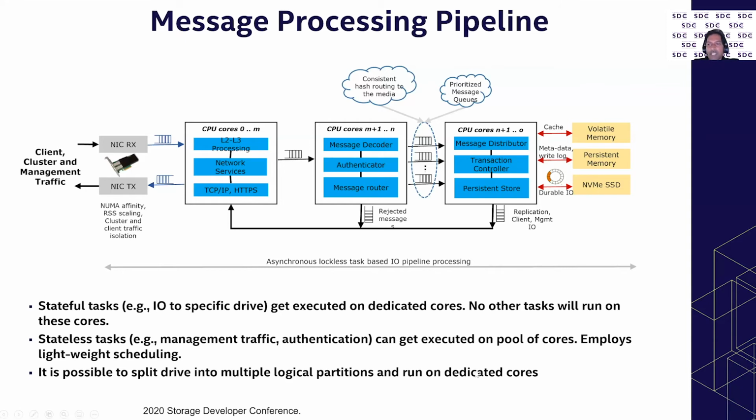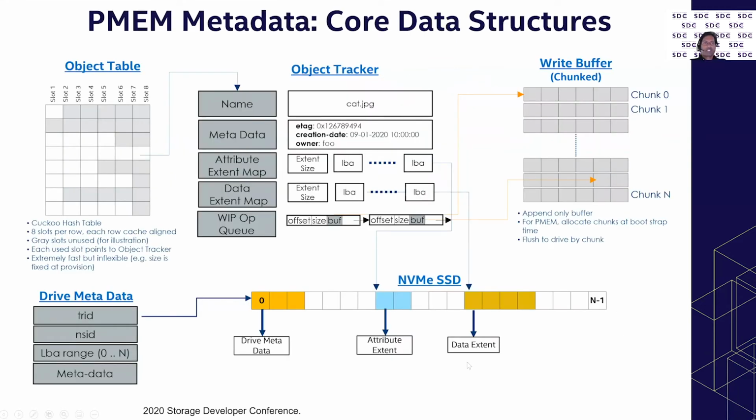But it's possible that as you get into higher performing PCIe Gen 4 and Gen 5 capable NVMe SSDs, one core may not be able to sustain that from a throughput perspective. So the design will lend itself to partitioning the NVMe SSD, and you can run them on multiple cores as well.